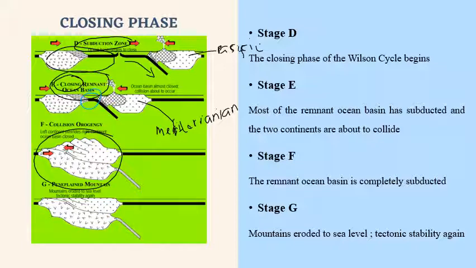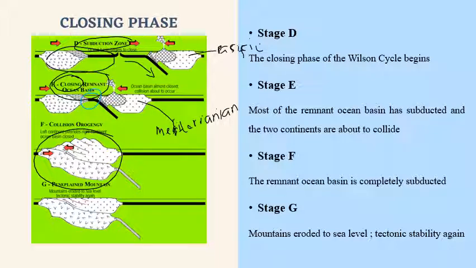In stage F, the remnant ocean basin is completely subducted. Technically, the closing phase of the Wilson cycle is over because the subduction zone acts as a ramp. The continent with the subduction zone slides up over the edge of the continent without it.